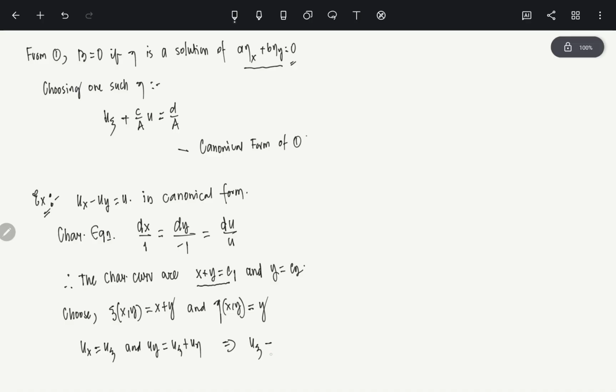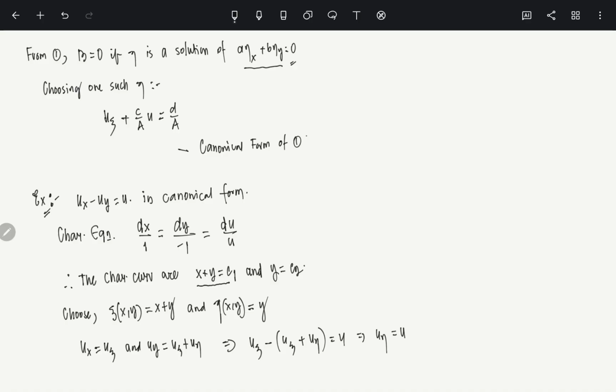uy is u xi plus u eta, and this equals u. So that will actually give you u eta equals u.